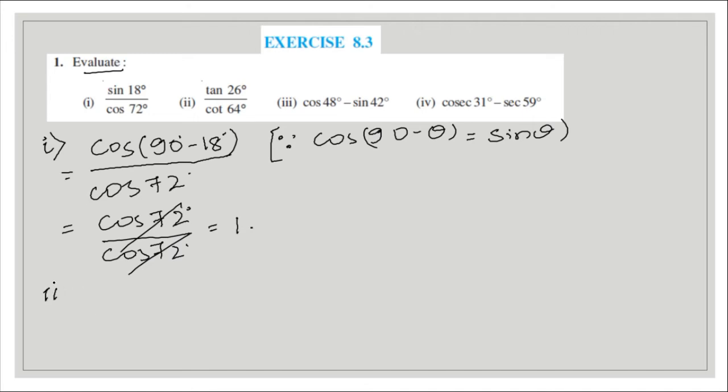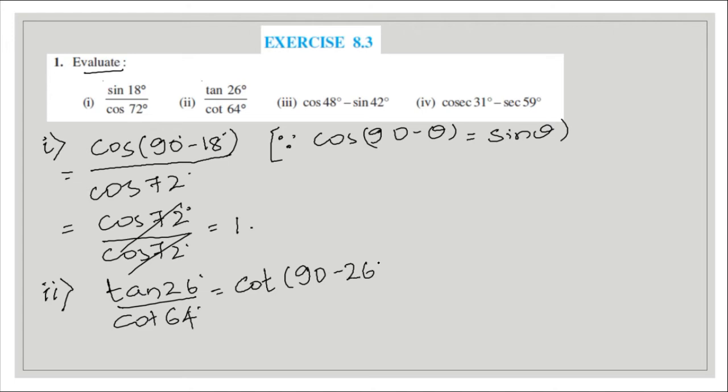Let's have a look at the second question. Second question is tan 26 degrees upon cot 64 degrees. I'll convert the numerator as cot of 90 minus 26 degrees.